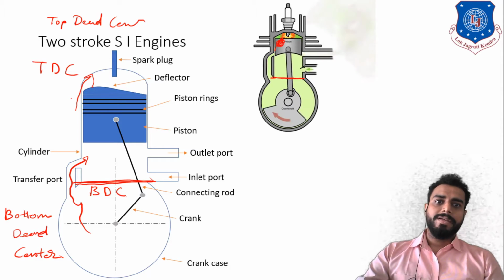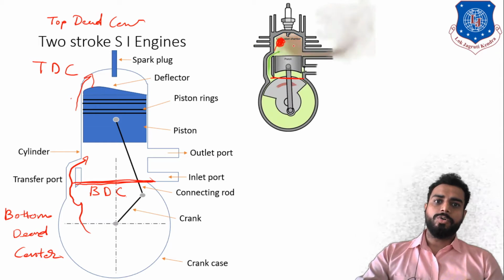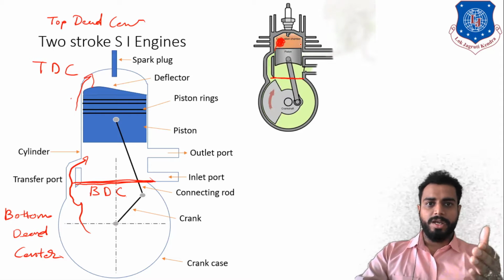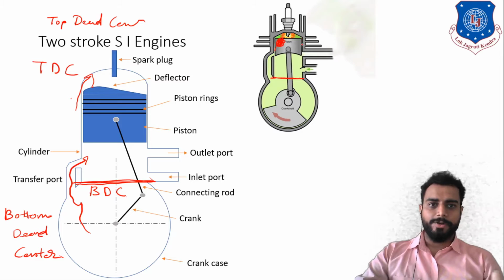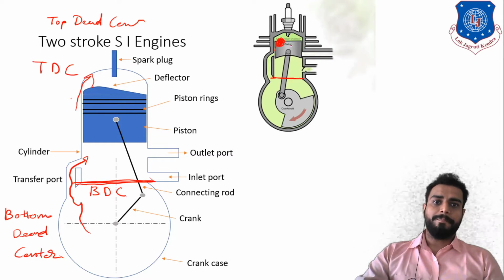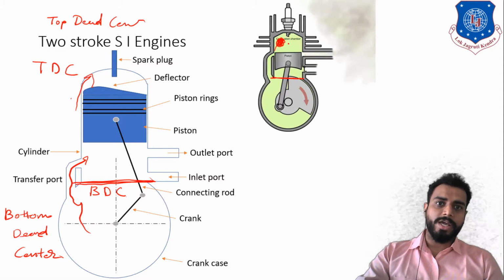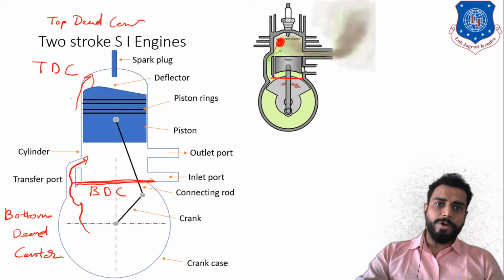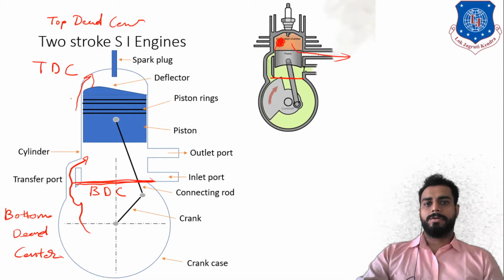This fresh charge will give push to the already combusted products, because the cycle has already started, and we are understanding its working. The combustion products are already there. So fresh charge, as soon as it enters over here, will give push to the combustion product, and the combustion product will move out from the exhaust port.